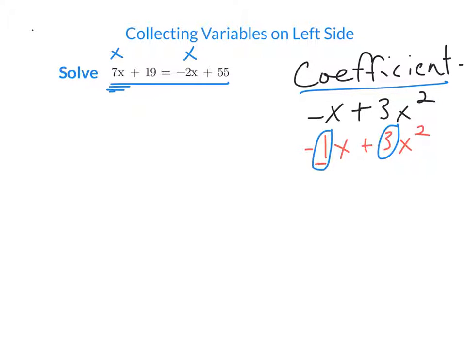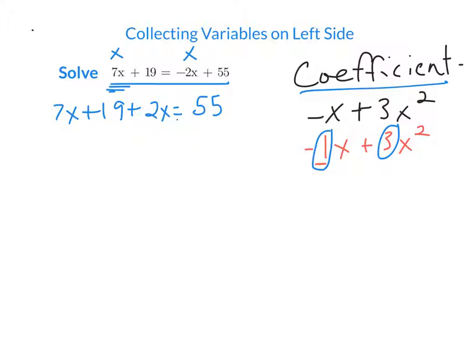Since we want to get all the variables on one side and numbers on the other side, we're going to have 7x plus 19 plus 2x, because that's the opposite of negative 2x, and then we will end up with 55.